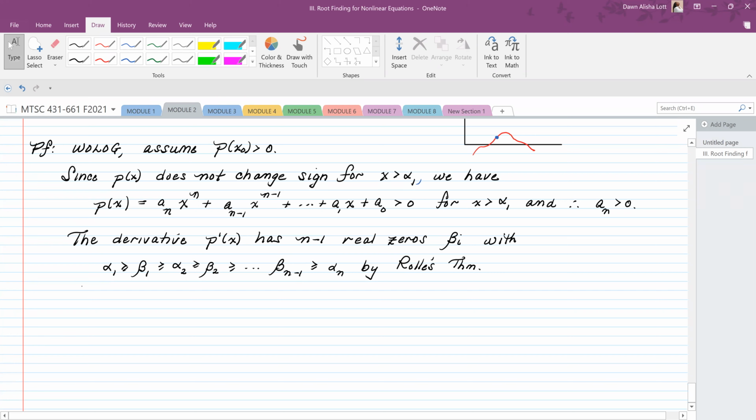So since P prime of x is degree n minus 1, and that is definitely bigger than or equal to 1, these are all of its roots.